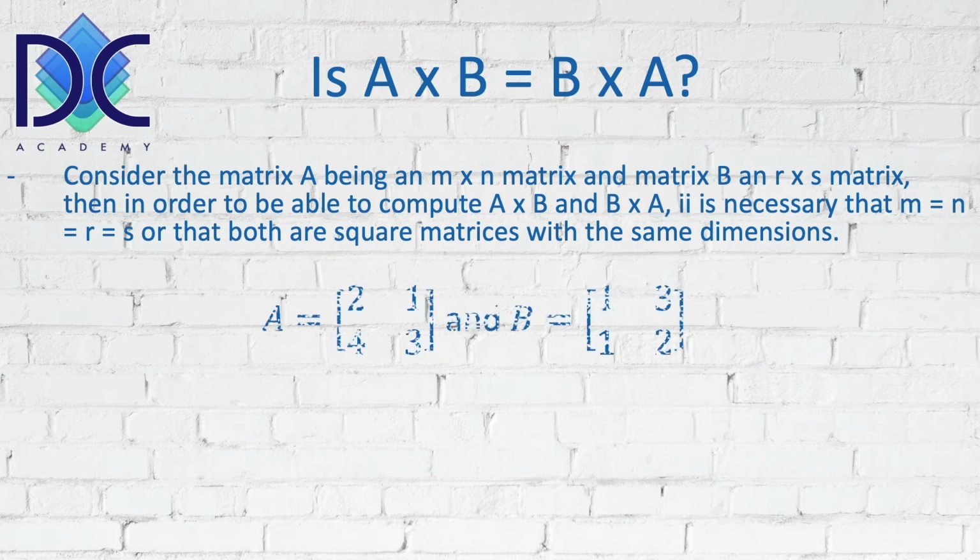We consider two simple square 2 by 2 matrices. A is 2, 1, 4, and 3. B is 1, 3, 1, and 2. And when we multiply A with B, we have 2 times 1 plus 1 times 1. So you can do the calculation and you can have a look what the result is.